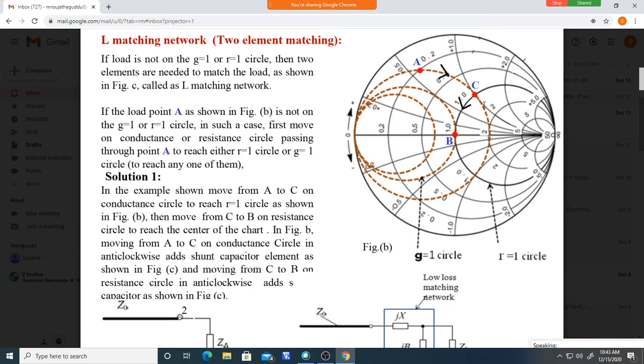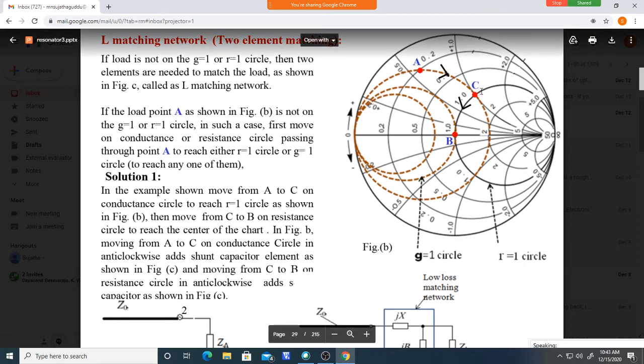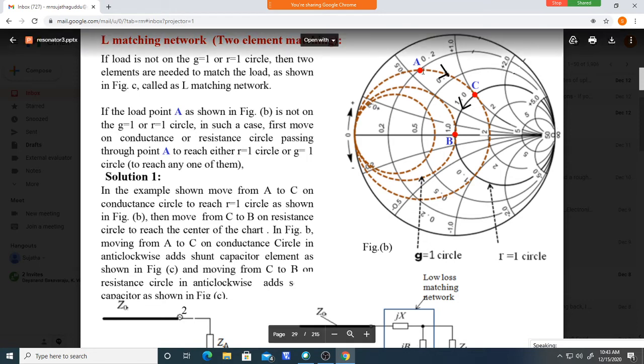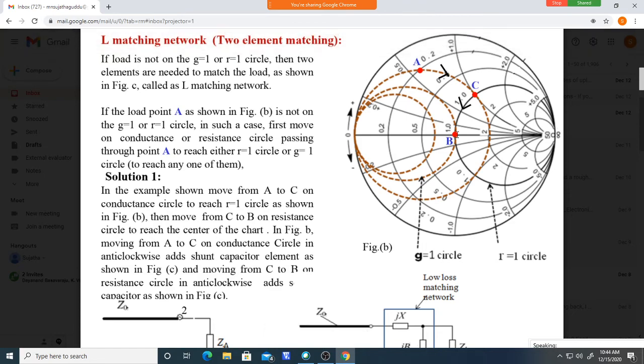If I move on a conductance circle in this direction, I do not reach. What I have to do, from here I should move on the resistance circle like this. This is for the previous problem. I moved like this, reached the R equals 1 circle, and I came here.